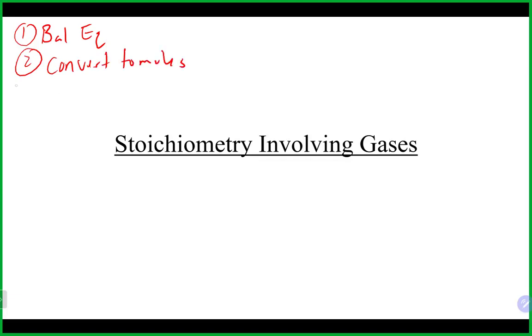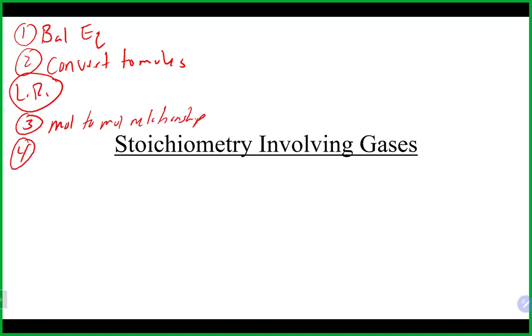Remember as well, in any stoichiometry problem, you could have a limiting reagent situation, and you could also have that with gases as well. So again, if it is a limiting reagent problem, you do need to do that middle step here. If not, obviously you could skip it, and then you would do your actual stoichiometry here, mole to mole, and mole to some other unit.